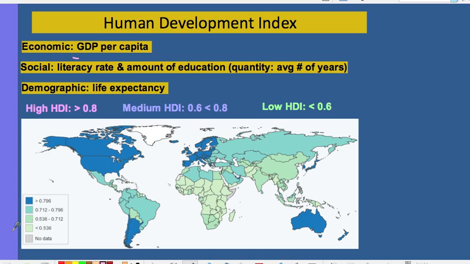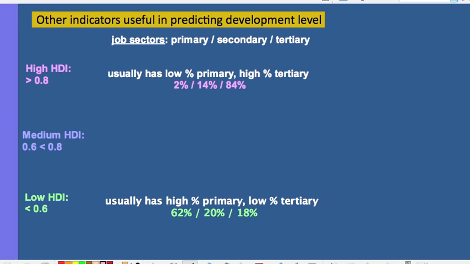And these will be important, and you will be using these to determine the development levels of countries, looking at data. But I also want you to see that job sectors is another very useful indicator for looking at development. So we talked about a high HDI. High would have a very high tertiary job sector, right?